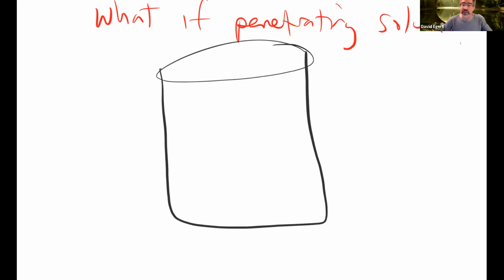So what kind of things penetrate? Non-polar stuff like fats, alcohols, glycerol is a non-polar thing, or has the ability to get into non-polar things, and also really small polar things.